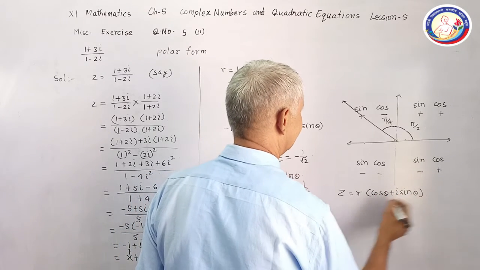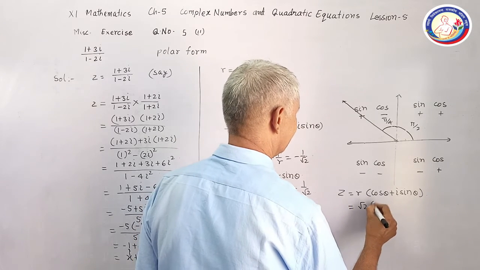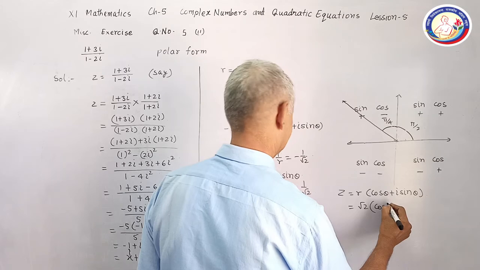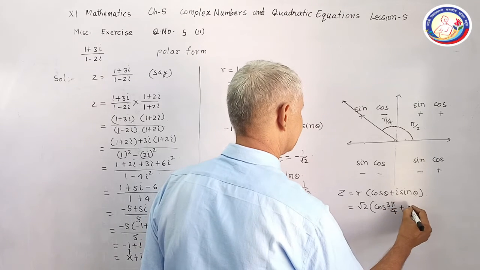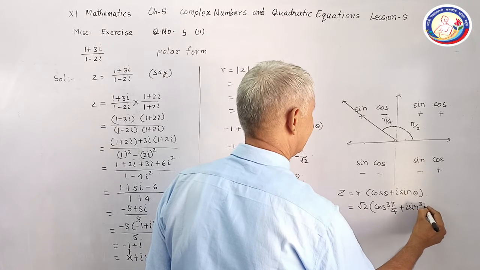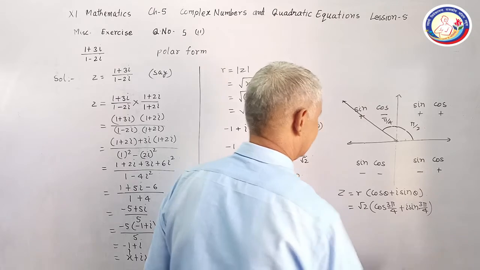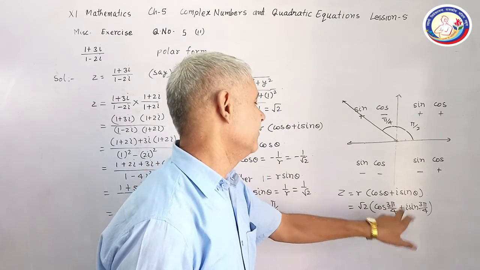And if we put here the value of theta and r, we will get root 2 cos of 3 pi by 4 plus iota sin 3 pi by 4. The modulus is square root of 2 and argument is 3 pi by 4.